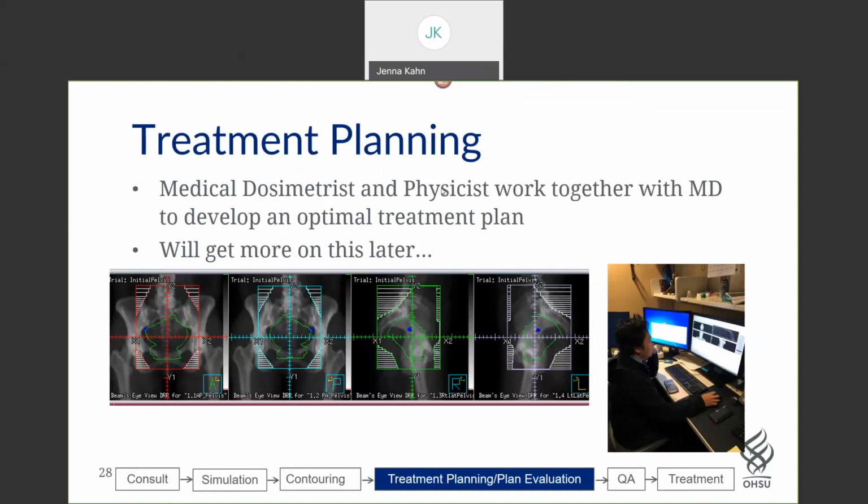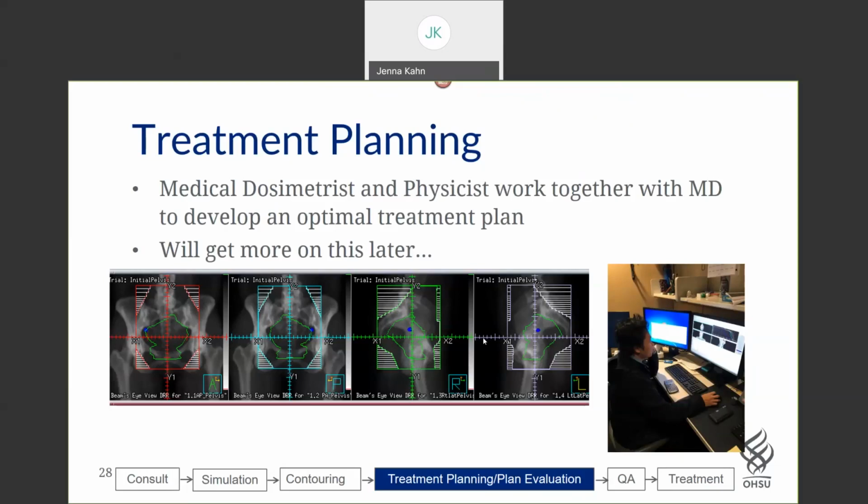After we have done our contouring, we will move to treatment planning, where a medical dosimetrist and physicists work together with a physician to develop an optimal treatment plan. And you'll get another lecture on that tomorrow with more details on treatment planning. But for example, here is a field that wants to be treated, and here is one of the beams of radiation from the front, from the back, from the right side, and from the left side.